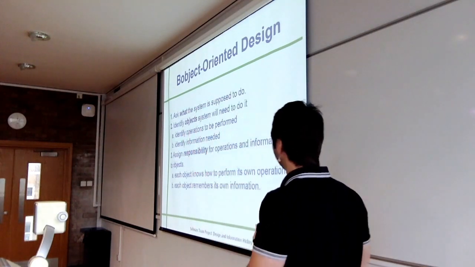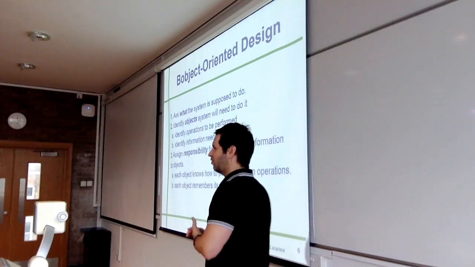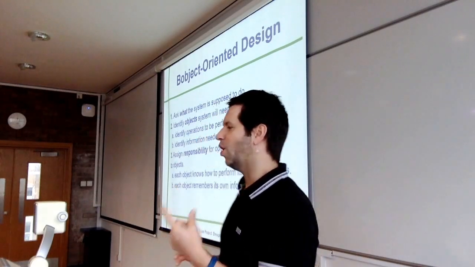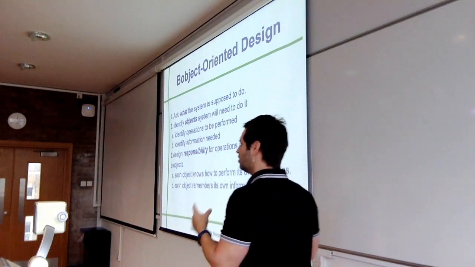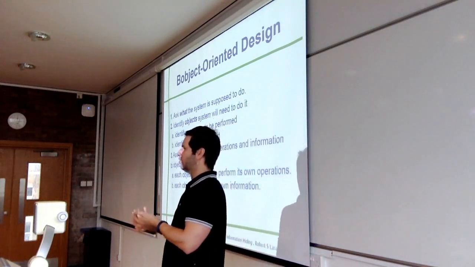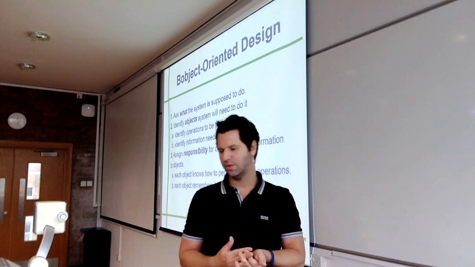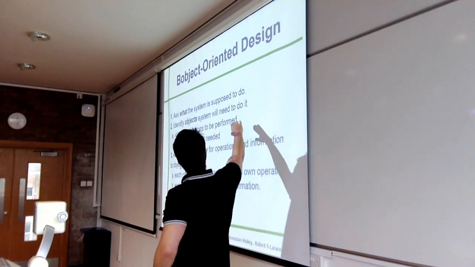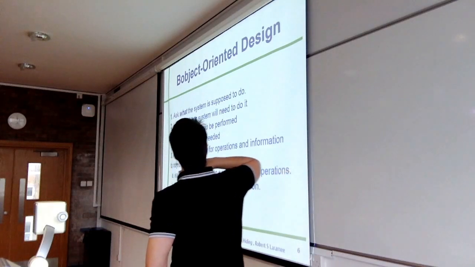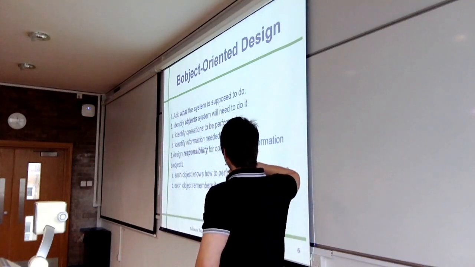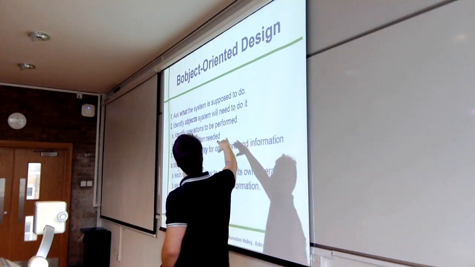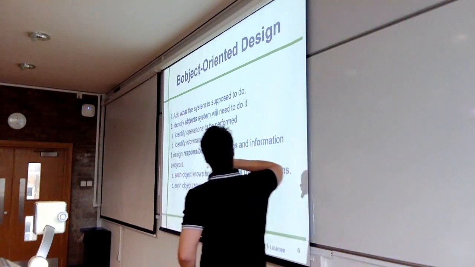So we start out with a requirement specification, and step one is to identify the objects that we need to carry out these requirements, to fulfill these requirements. We identify objects the system will need to carry out whatever the requirements are. Then we identify operations to be performed, and we identify the information needed.